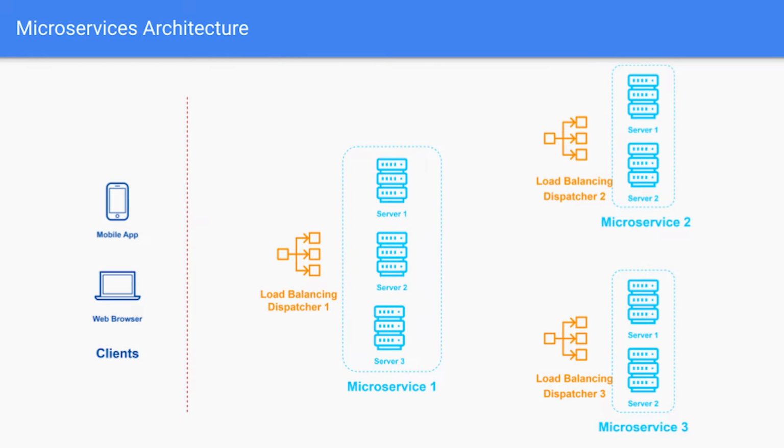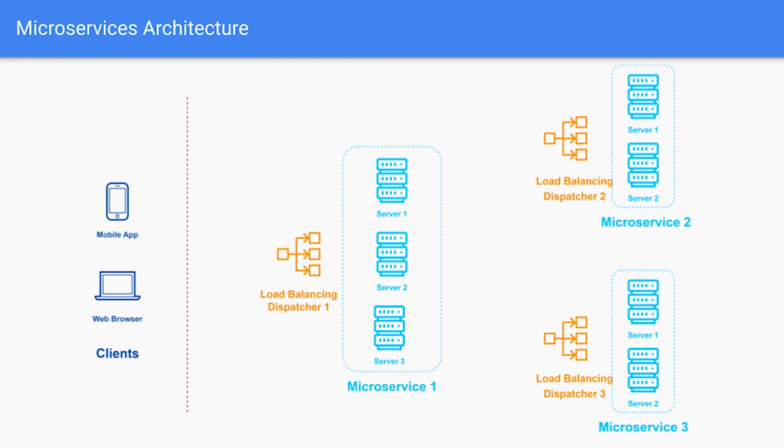Similarly, if we have a multi-service architecture, such as an N-tier architecture or microservices architecture, we can deploy each service as a group of identical application instances. And all the communication to that group of instances will also be through this dispatcher.